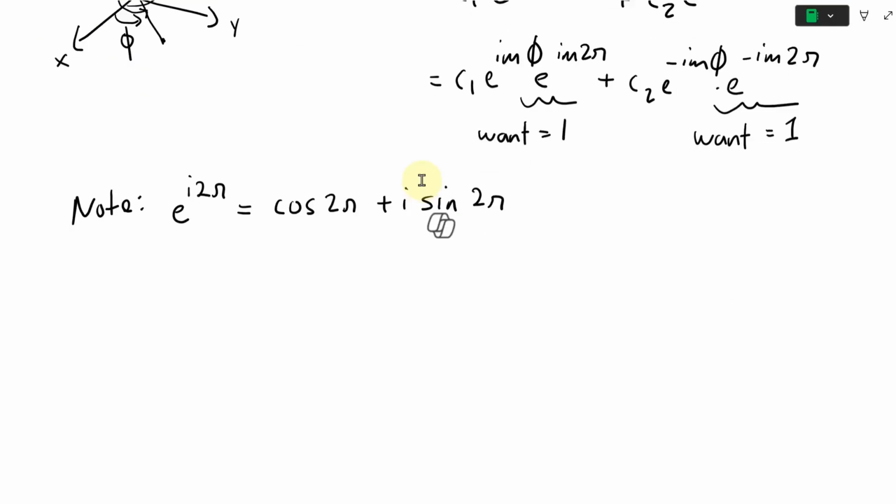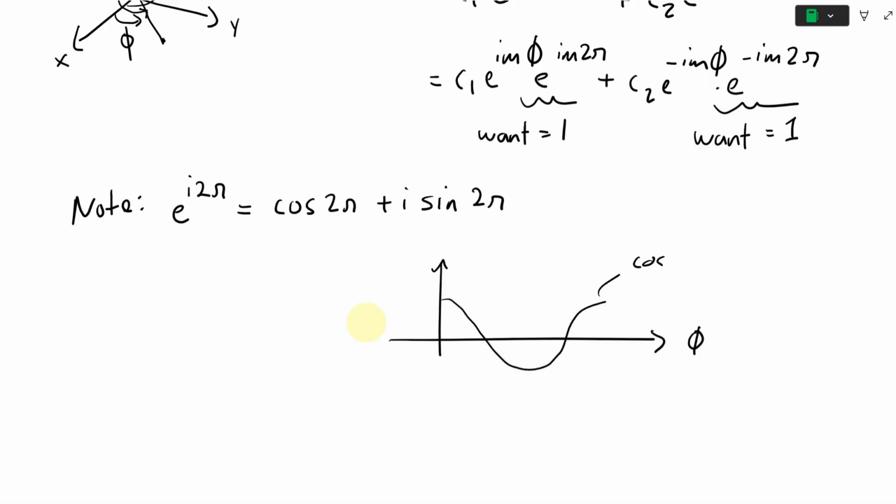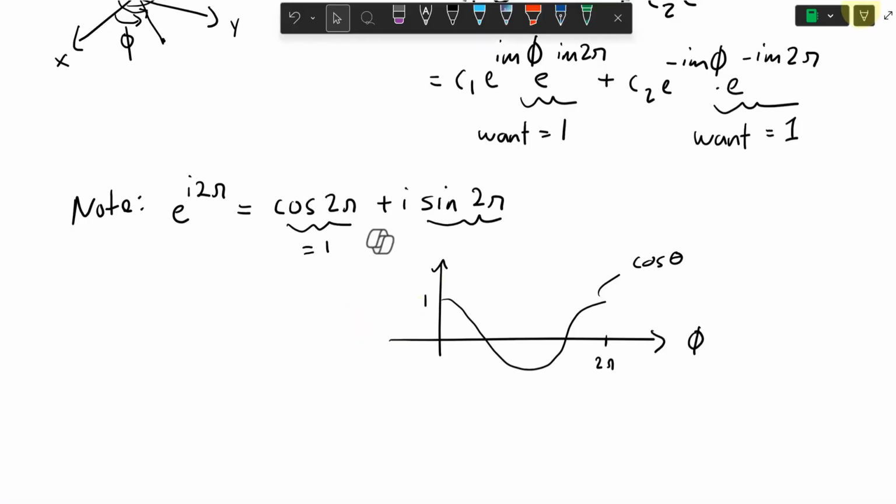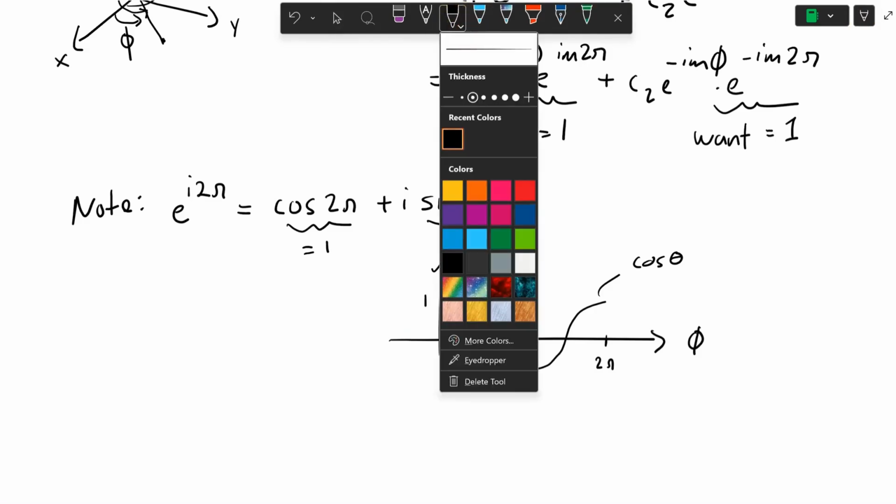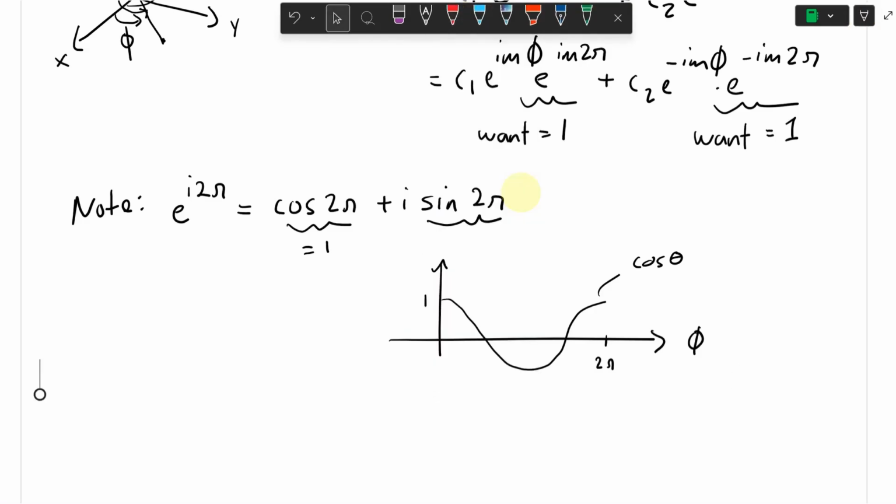All right, and what happens here is, well, we know cosine 2 pi. Let's just do a recall. I'll draw this out. This is theta, and cosine is going to look like that. Notice this is at 2 pi, so it equals 1. Sine looks like this, basically the opposite of that.